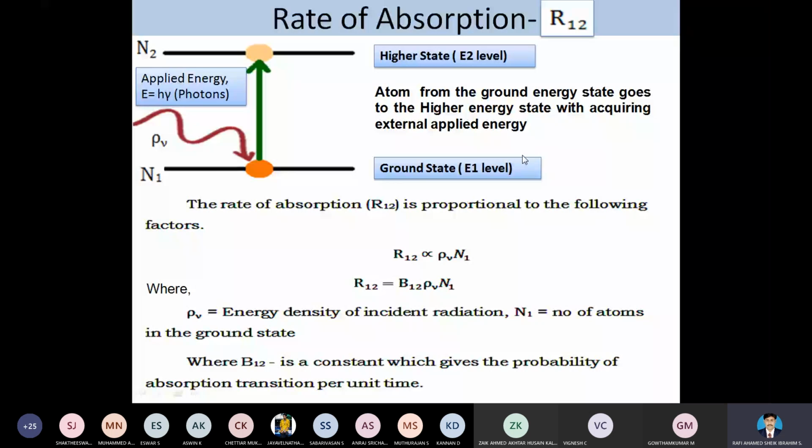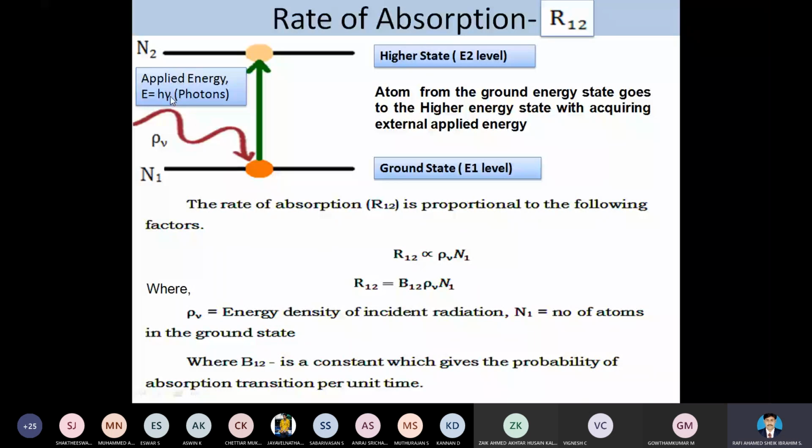Ground state E1, higher state E2, the number of atoms in the ground state N1, the number of atoms in the higher state N2. To this ground state atom, I am applying energy. The energy is the photon, E equals h nu.